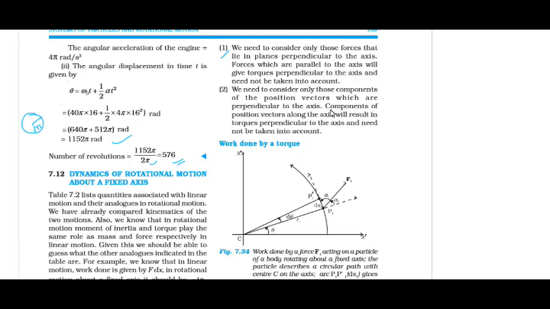Forces which are parallel to the axis will give torque perpendicular to the axis and need not be taken into account. Second, we need to consider only those components of position vector which are perpendicular to the axis. Components of position vector along the axis will result in torque perpendicular to the axis and need not be taken into account. Work done by torque.